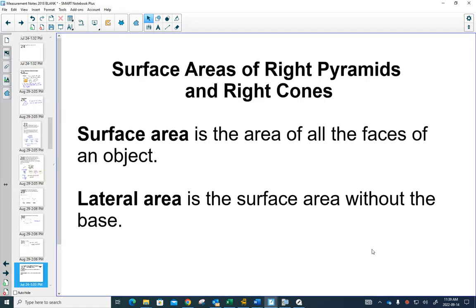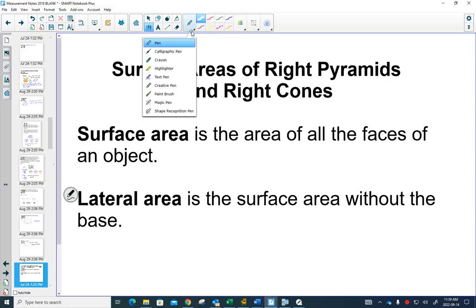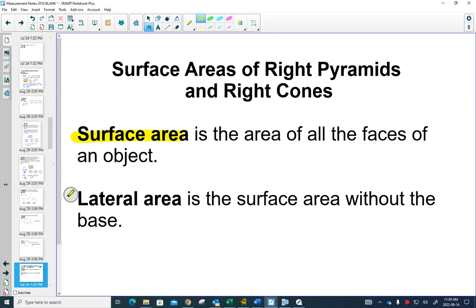Next up, new shapes. Surface areas of right pyramids and surface areas of cones. Also a new definition. Sometimes with definitions, I like highlighting things in my notes.